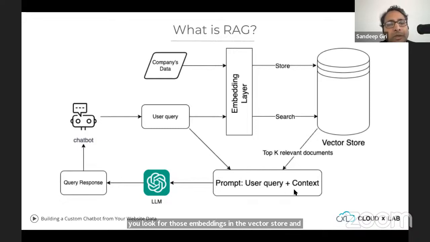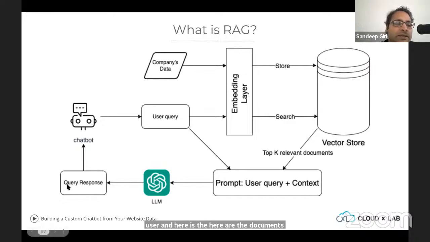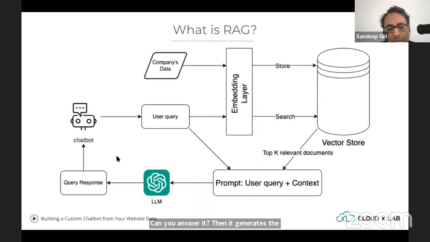Then you prepare the prompt: the user query combined with the context, which is the relevant documents. You ask the LLM, here is my question from the user, and here are the documents, can you answer it? Then it generates the answer, and we give it to the end user.